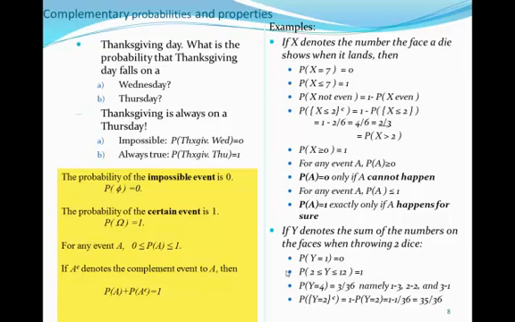So the probability of the complement event of Y equals 2 is 1 minus the probability of Y equals 2, which is 1 minus 1 over 36. The probability of getting a sum of 2 is just 1 out of 36. So the final answer is 35 over 36.